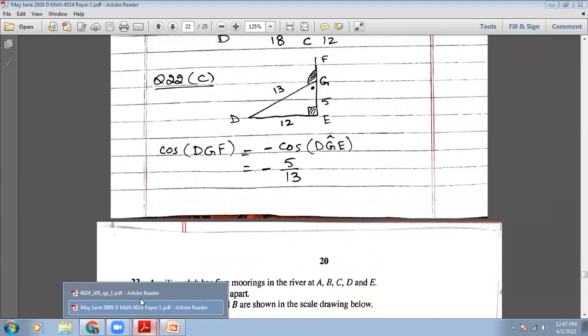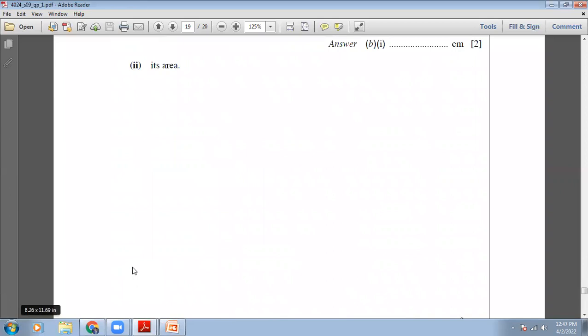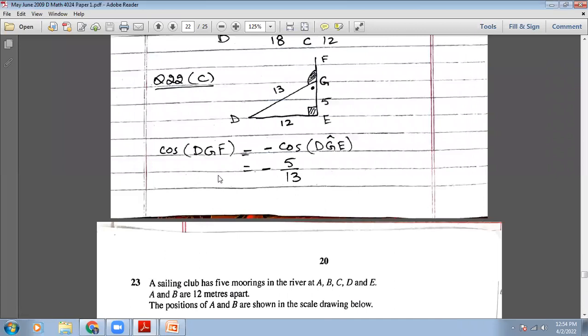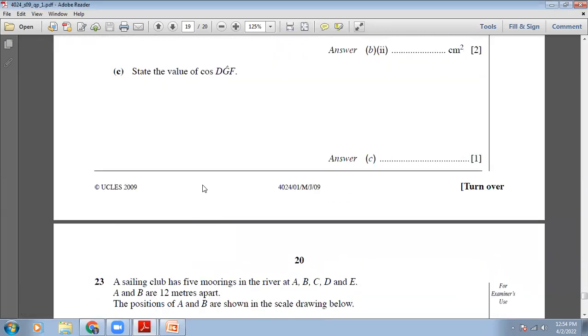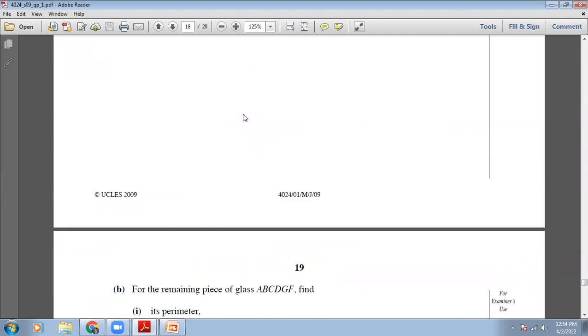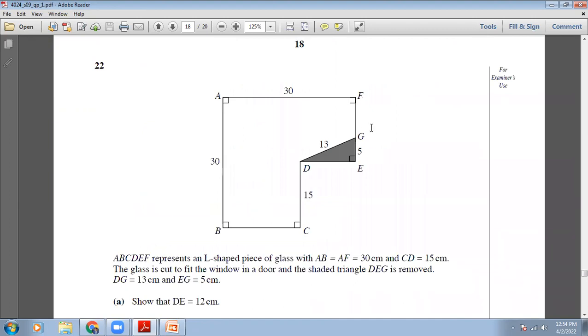And the next part is, so we have found the area. Now state the value of cos DGF. The cos DGF.